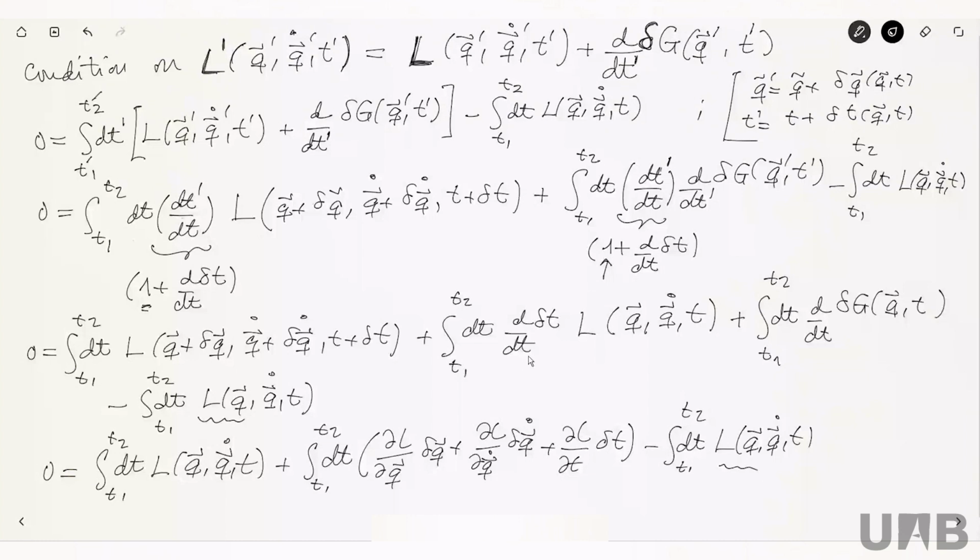And then the other two terms: plus the integral from t1 to t2 of the derivative with respect to time of delta t, times L of q dot and t, plus the integral from t1 to t2 of the derivative with respect to time of delta G, function of q and t.